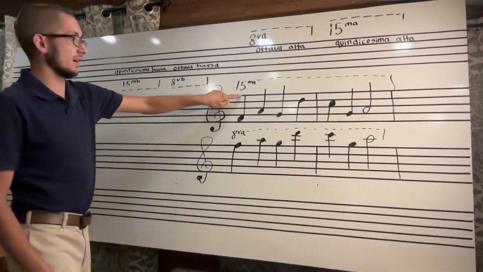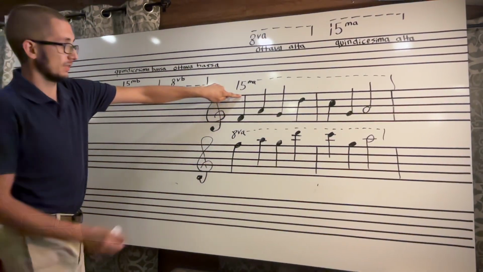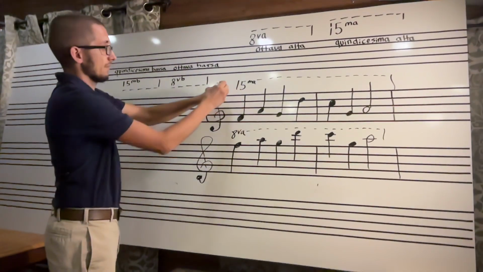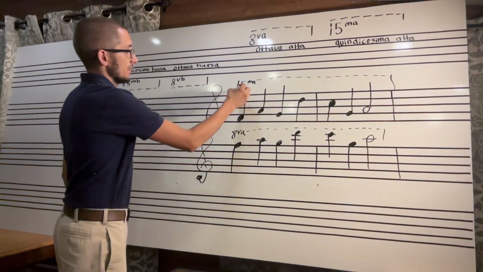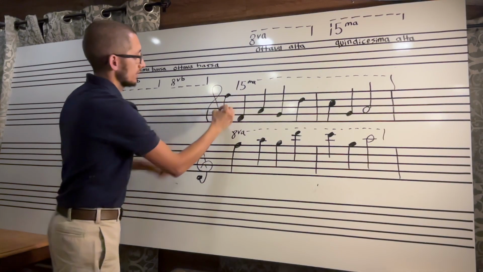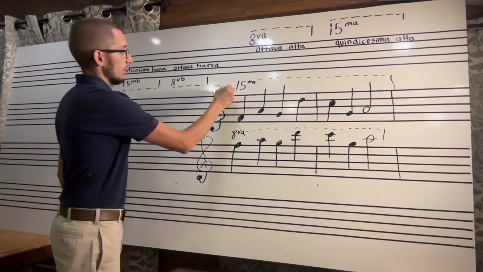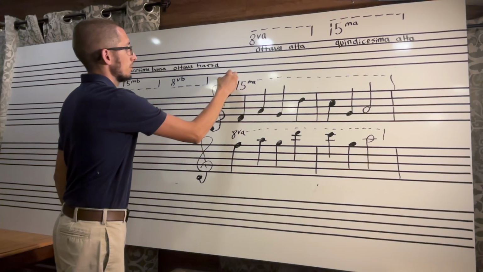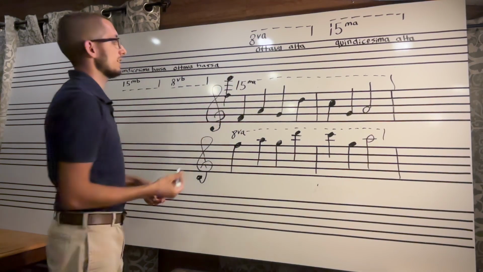Because quindecima alta means that you're not just playing this F, you're playing the F that is 1 octave higher than this F. So if this is 1 octave higher, another full octave higher would be this F right here.